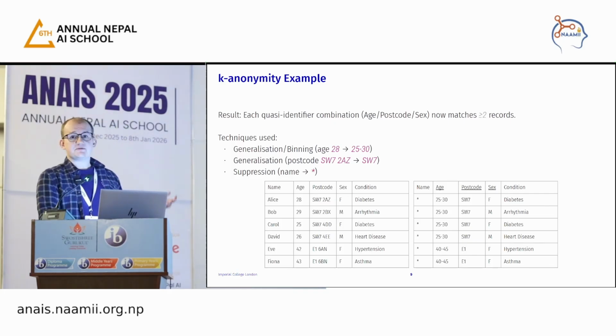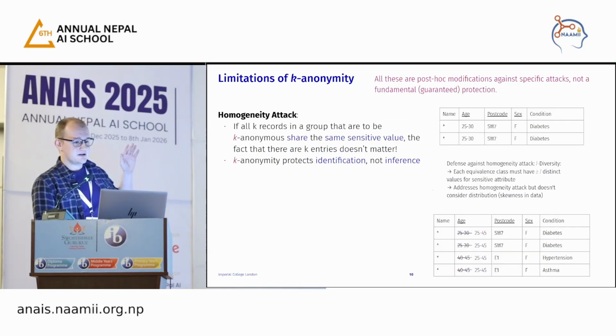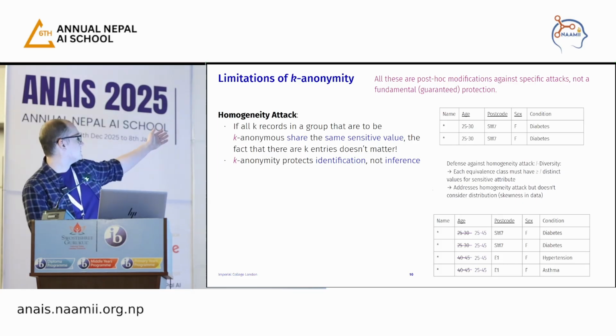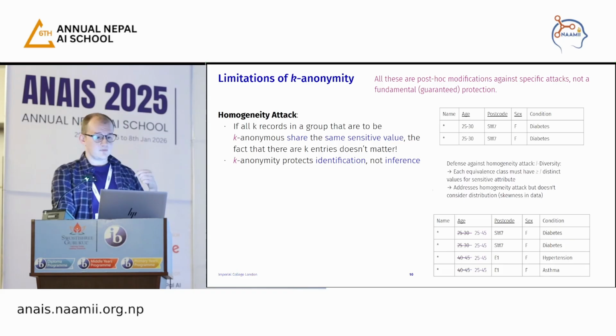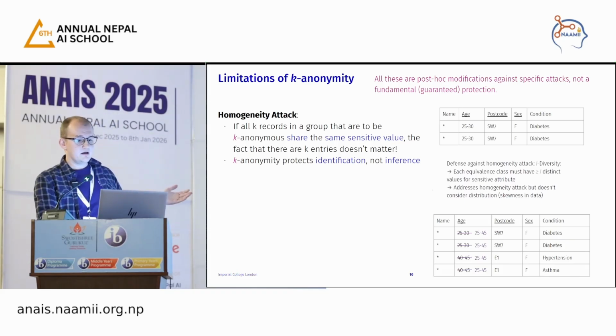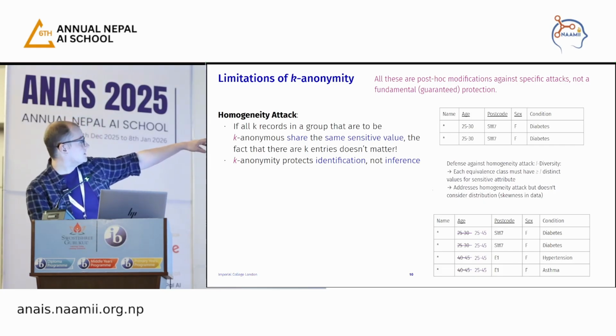Okay, now this sounds good, but in practice, maybe the more observant of you have already identified the problem here, but if not, I'll show you immediately, right? The limitation of this approach is that it is not very robust towards the so-called homogeneity attack, which is where we have k records in a group that are all k-anonymous, such as here rows 1 and 3, right?